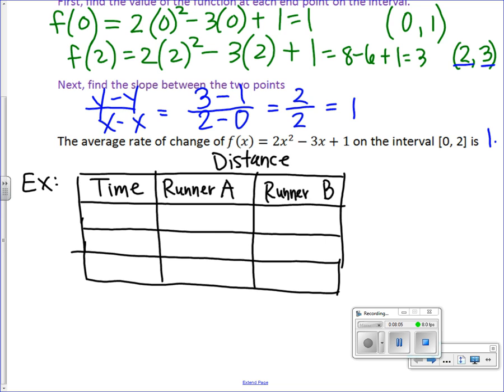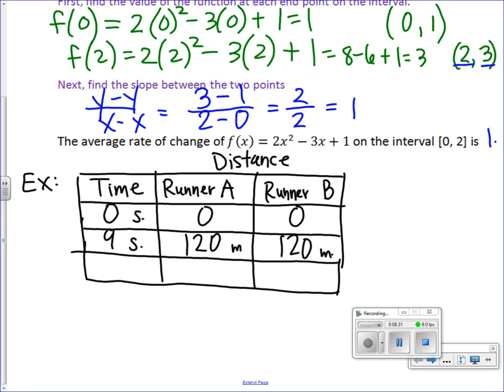So at the time, which means at the very start of the race, at 0 seconds, they were both at a distance of 0, obviously, since they were at the start line. Then 9 seconds into the race, runner A had gone 120, and this is in meters, and so had runner B. It's pretty fast, isn't it?